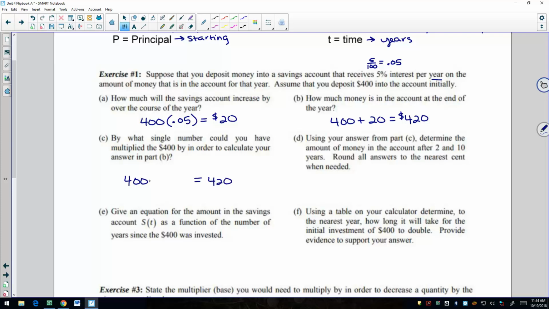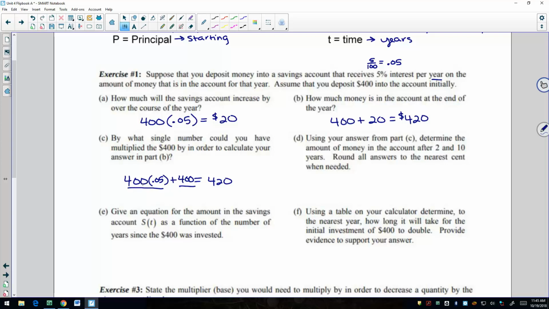So you agree that to get 420, we did 400 times 0.05, and then we added on, that was 20, then we added on the 400 to get 420. Well, if you notice these two terms here on the left side of the equal sign, both share a 400.